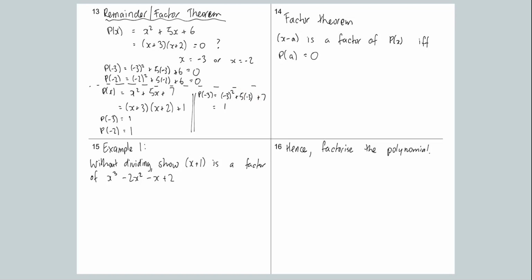Unsurprisingly, because it's all exactly the same thing, this also gives me the remainder. In a similar fashion, p of minus 2 is minus 2 squared plus 5 times minus 2 plus 7, which is equal to 4 minus 10, which is minus 6, plus 7 is equal to 1.